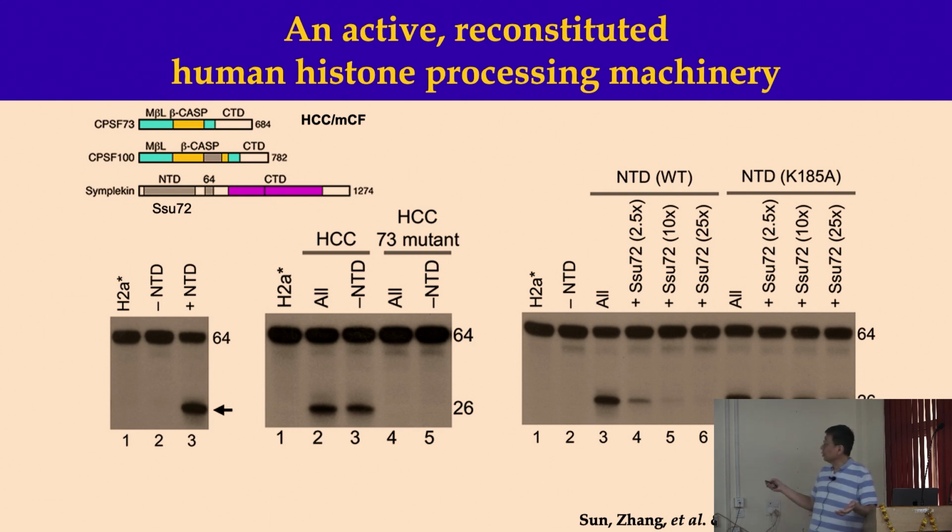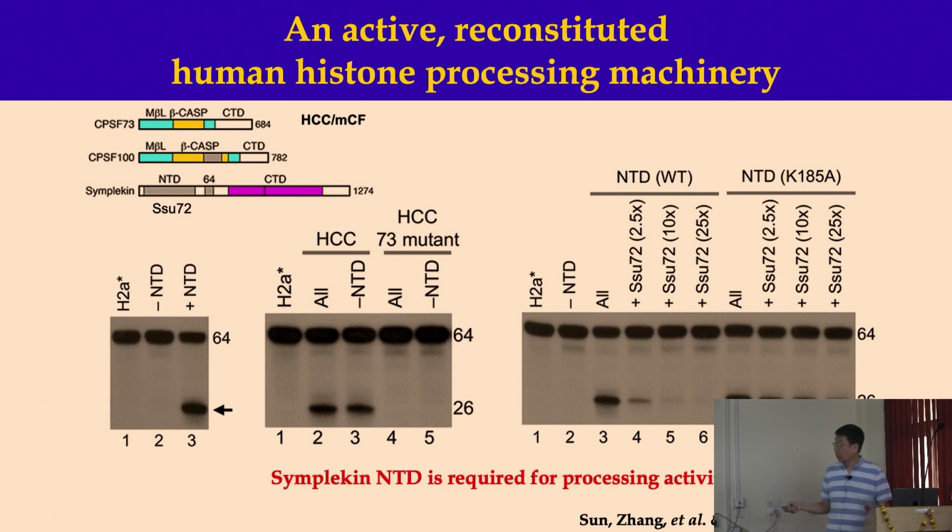And if you use that mutant, it's no longer sensitive to the inhibition by SSU72. So everything seemed to make sense biochemically. So all of these together show that the NTD of Symplekin is required for processing of the histone pre-mRNA. So it's a required factor in the enzyme. So this is all good.